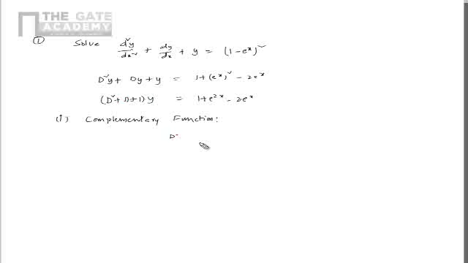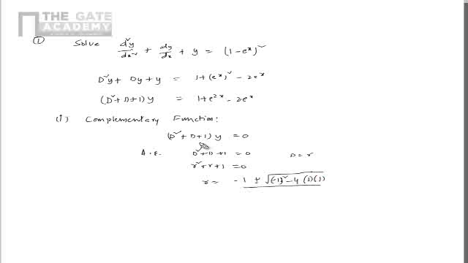For the complementary function, you take only the homogeneous part and set it equal to 0. So the auxiliary equation will be D square plus D plus 1 equal to 0, or basically, in place of D you substitute r: r square plus r plus 1 equal to 0. Using the quadratic formula to find the roots: minus b, which is 1, plus or minus the square root of b square minus 4ac, by 2a.